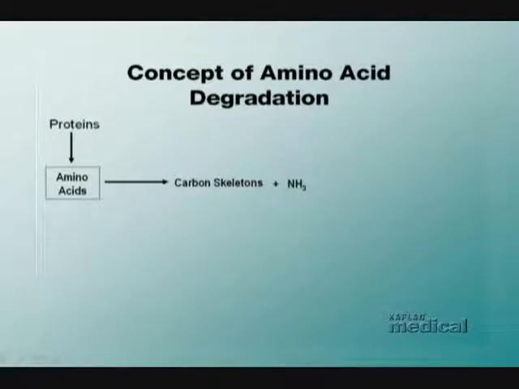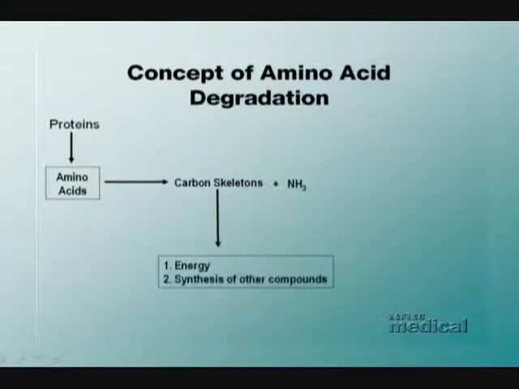And these are going to be dealt with separately. The carbon skeletons are going to be utilized either to generate energy, or to synthesize other compounds. We'll be spending a great deal of time in this section talking about those other compounds that the carbon skeletons of proteins can be used for.